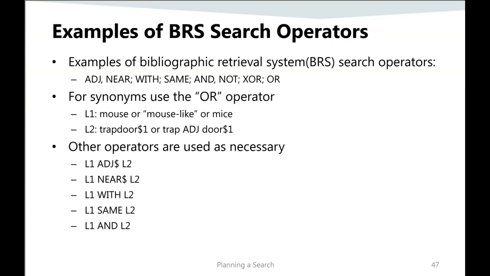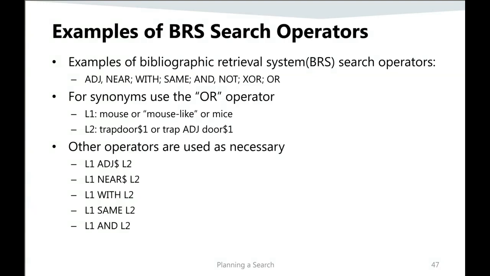The order shown in the slide represents their order of operation in BRS. Also on this slide, truncation in BRS syntax is shown using the $ symbol. Other BRS truncation operators can be invoked using the question mark and the exclamation point. The details of the BRS search system are beyond the scope of this presentation.